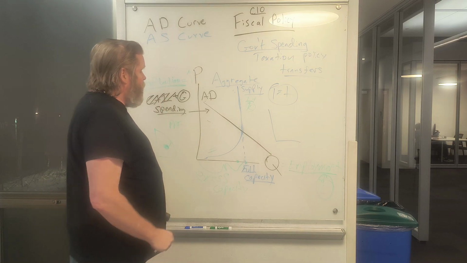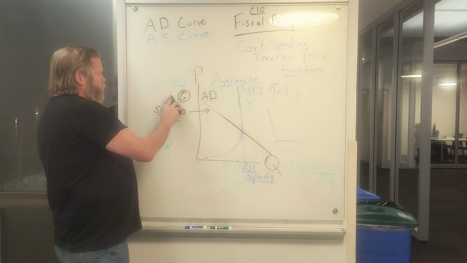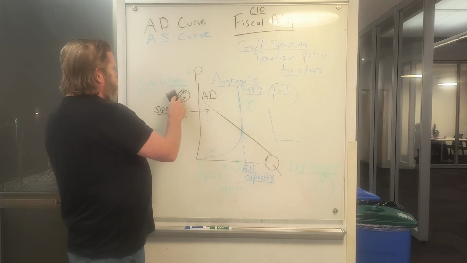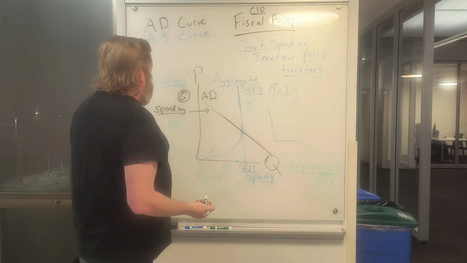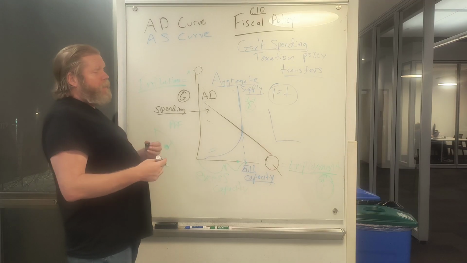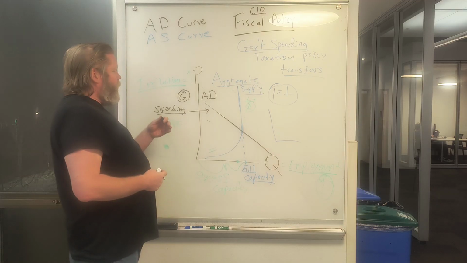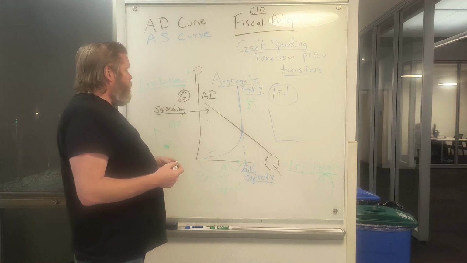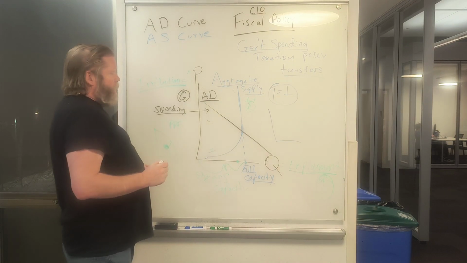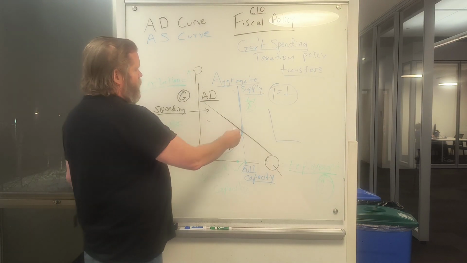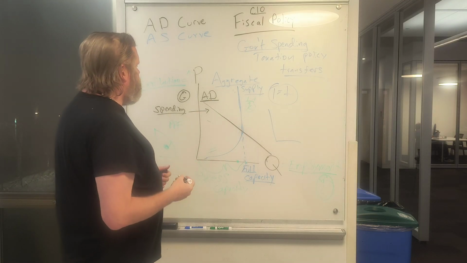Government by building roads, giving money to schools, building hospitals, and investing in research. Whatever that government is spending money on, that is stimulating aggregate demand. Now, certain kinds of government spending can also stimulate aggregate supply, but we're not going to talk about that right now. We'll get to that.